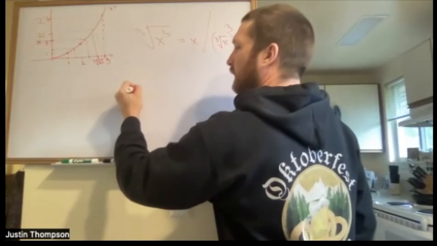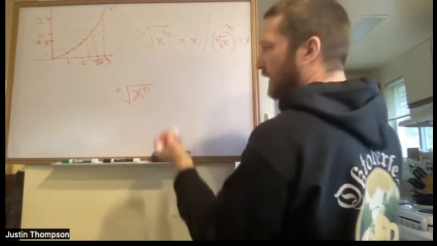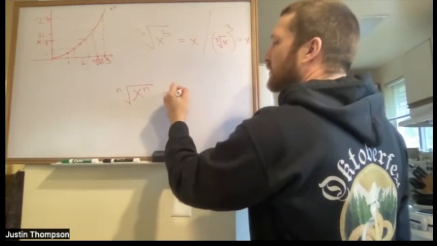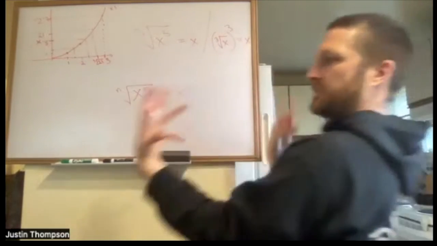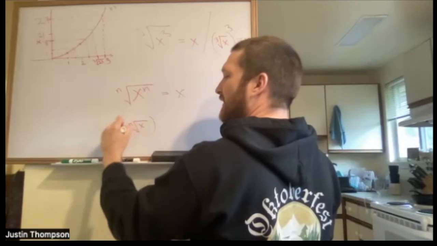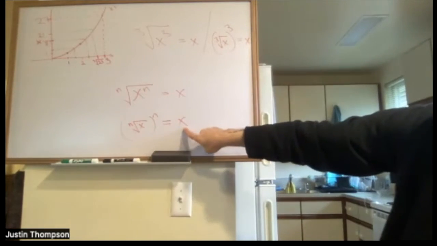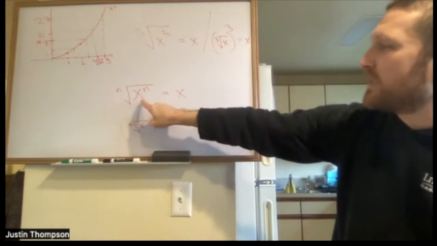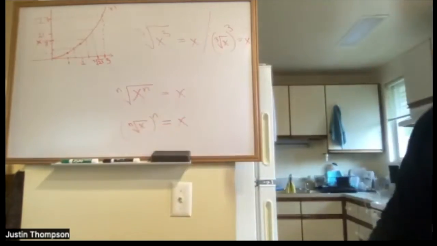Because in this case, the nth root of x to the n is equal to x. That's how you compose those inverses. Or you could say if you had the nth root of x and then you raise it to the nth power, that's kind of how you get back to where you started. Or that's how one gets x by itself.